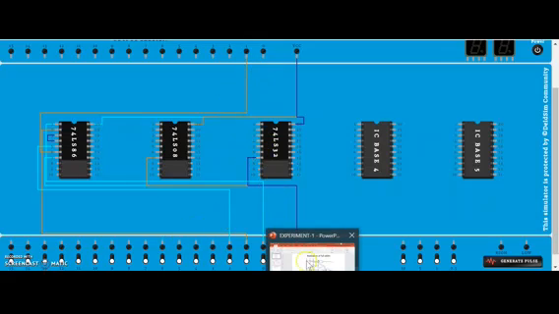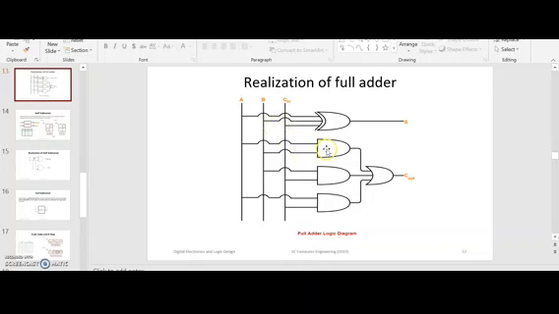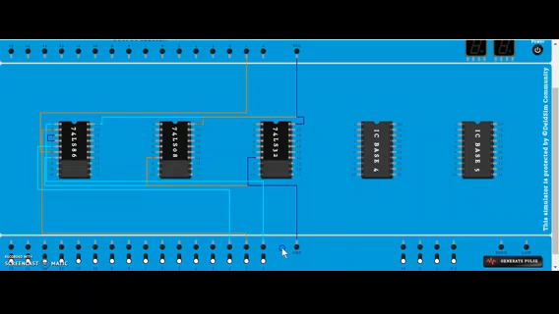Now for carry, we have the first AND gate of A and B. So this first pin will be connected to input A, and this second pin, which is B, will be connected to the second input. So first and second are connected to inputs A and B.